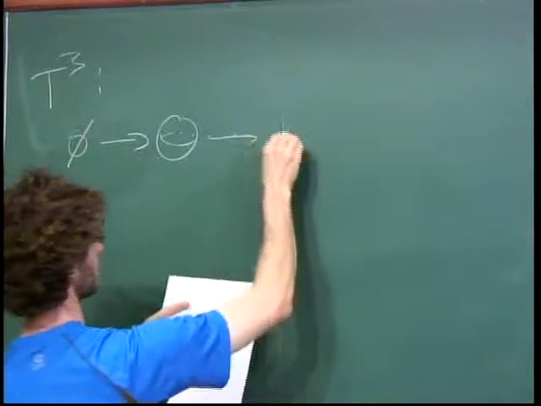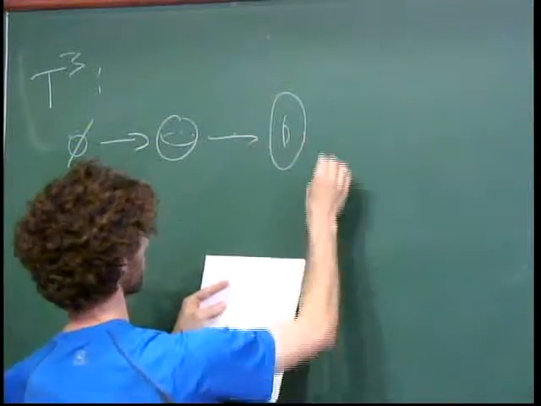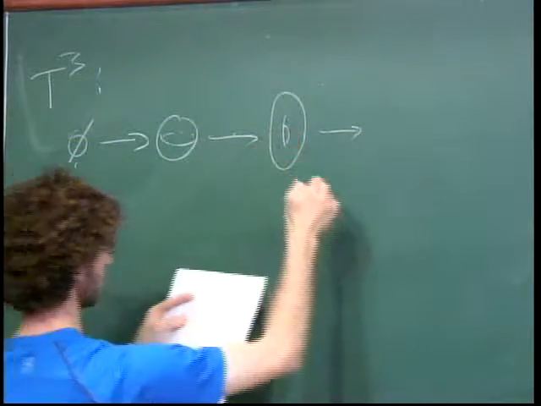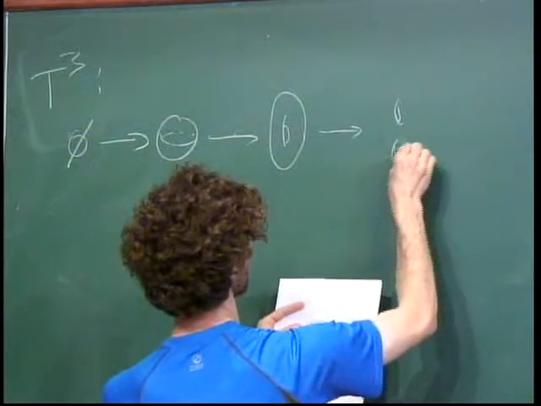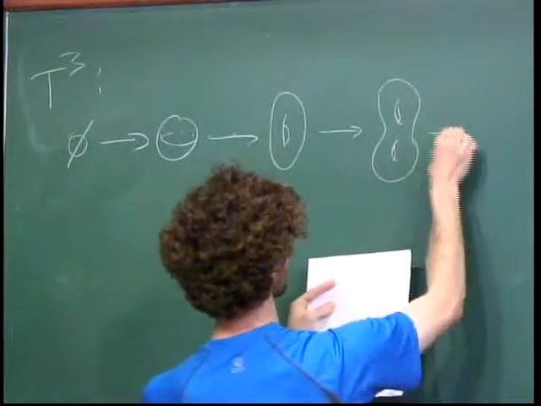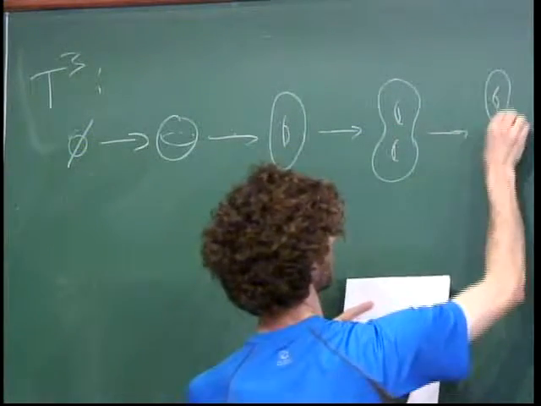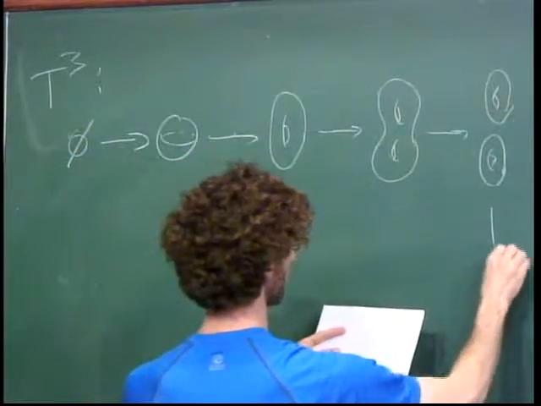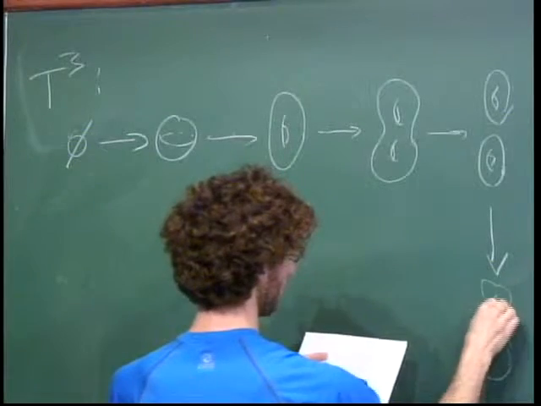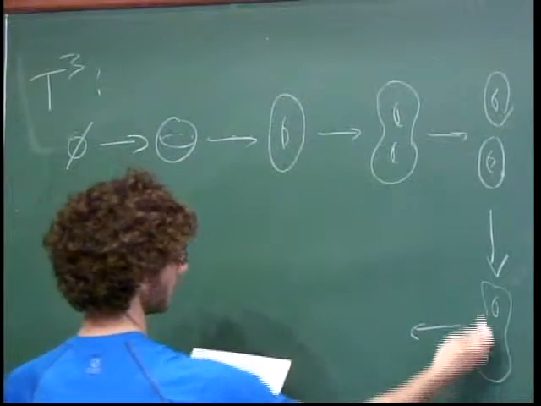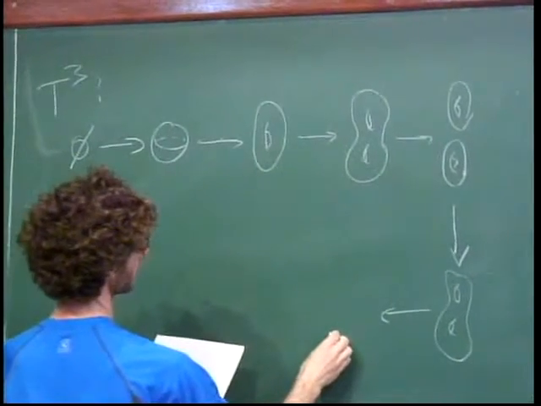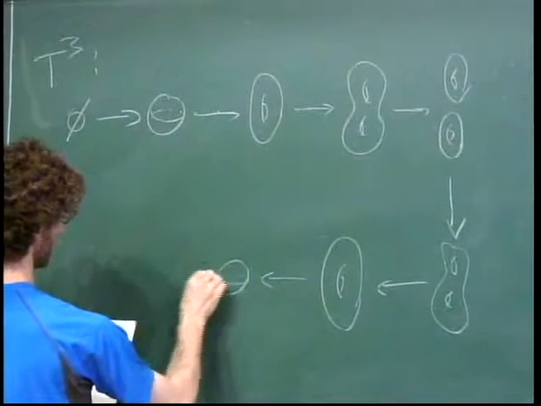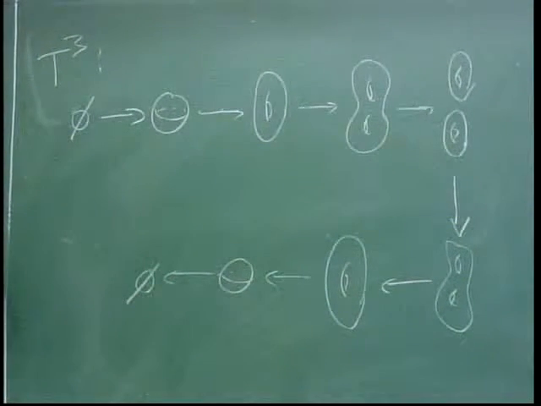So first I create a sphere, and then I punch a hole in it to get a torus, and then I take the 2 legs of the torus and pinch them together in the middle to get a genus 2 surface, and then I cut that genus 2 surface off in the middle, and then I reverse that whole procedure. I merge them back together into a genus 2, and then I glue the 2 holes together to get a genus 1 thing, and then I kill the hole and then go back to the empty set.